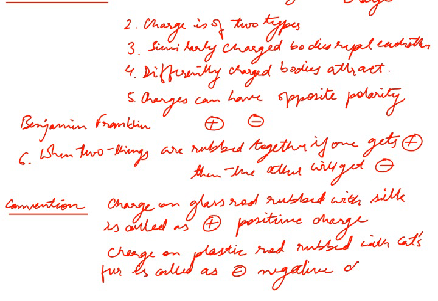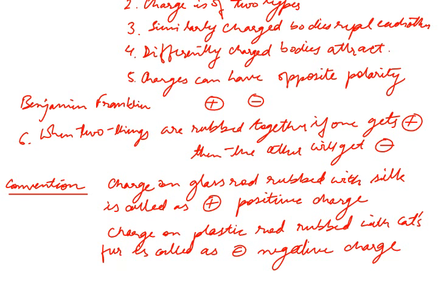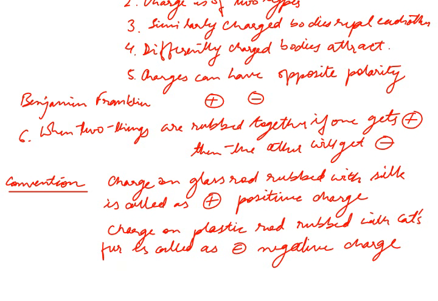And for consistency, from these two conventions, let me ask you: what is the polarity of the charge on the silk cloth, whether positive or negative, and the polarity of the charge on the cat's fur? Pause here and give me the answer.